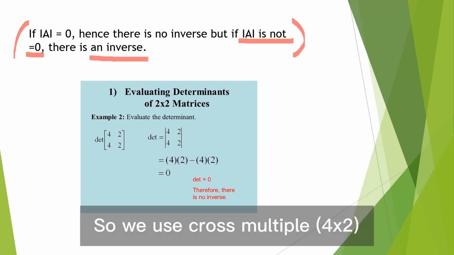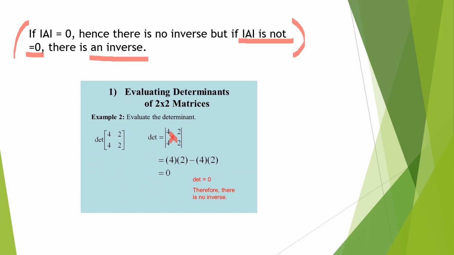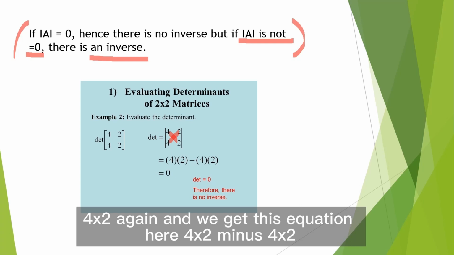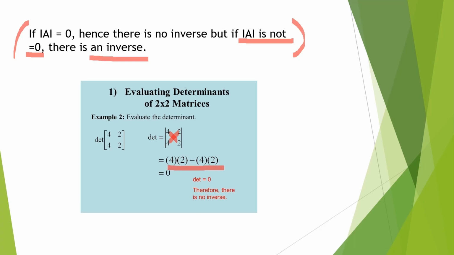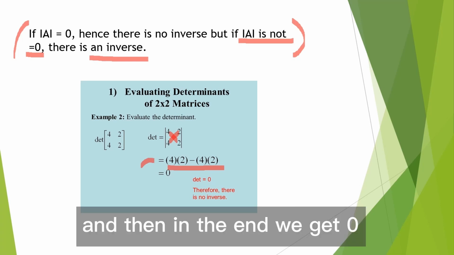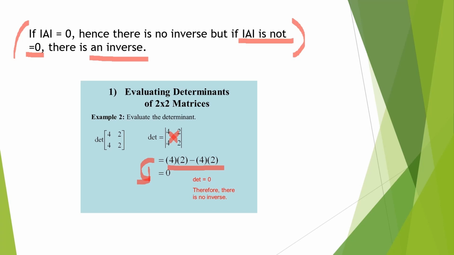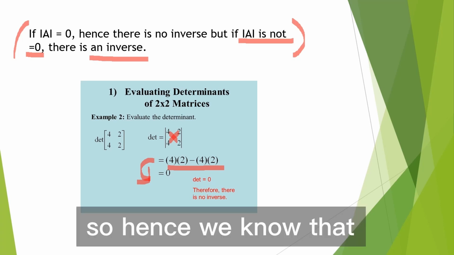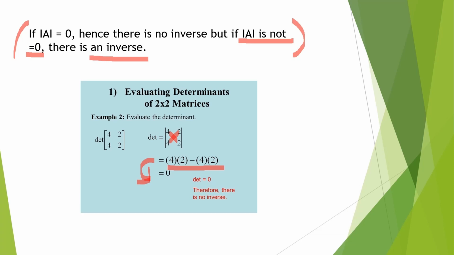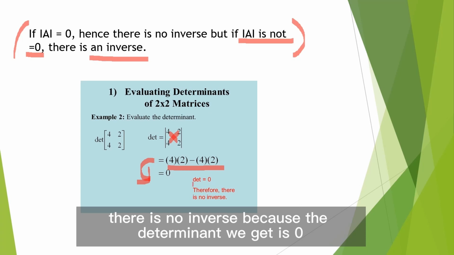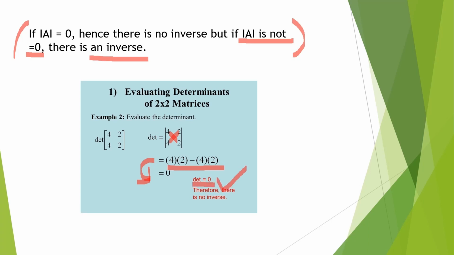We use cross multiplication, 4 times 2, and then the other side 4 times 2 again, and we get this equation here, 4 times 2 minus 4 times 2, and we get 0 when we do the subtraction. So we know that there is no inverse because the determinant we get is 0.